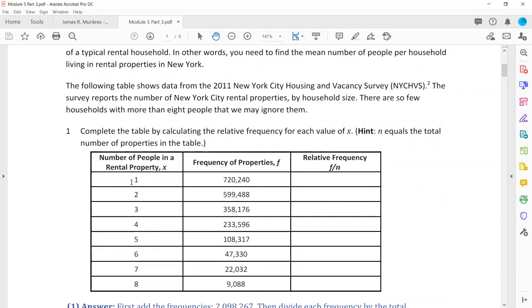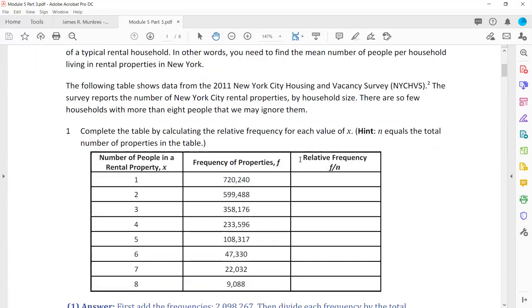If X is equal to 1, just one person living in a rental property, the frequency of properties, which is denoted by F, or the count, is 720,240.